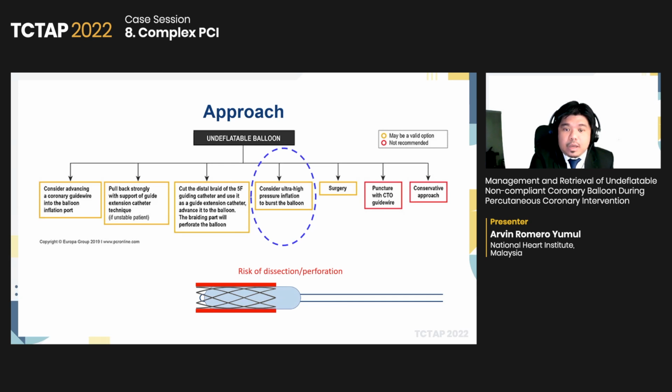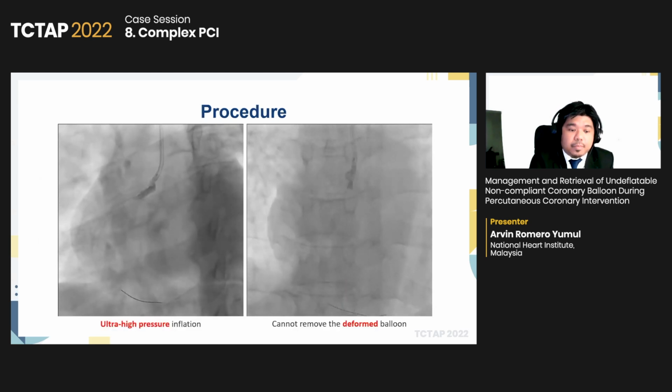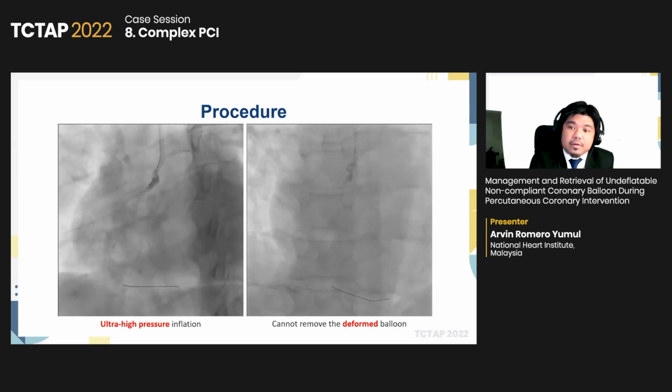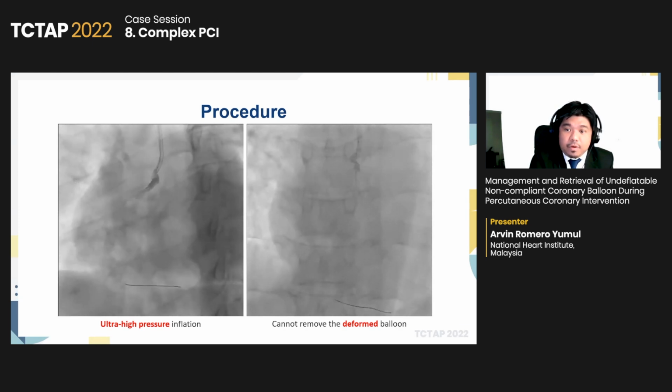Since we had no other choice and the patient was already unstable, the risk of dissection and perforation was thought to be minimal because we already had the stent in place. So we went for it, and luckily, after ultra-high pressure inflation, the balloon was deflated. However, another problem arose. We could not remove the balloon because it was already deformed.